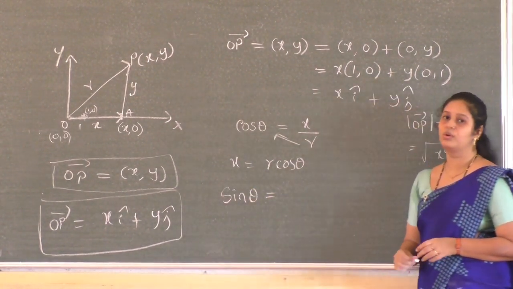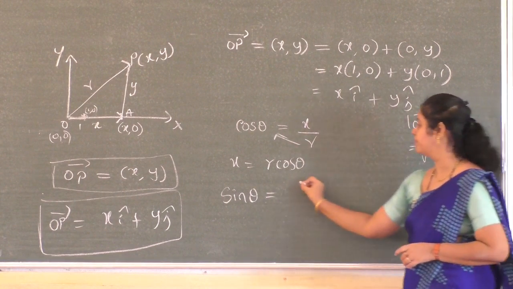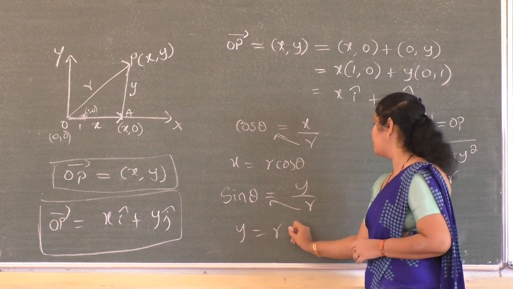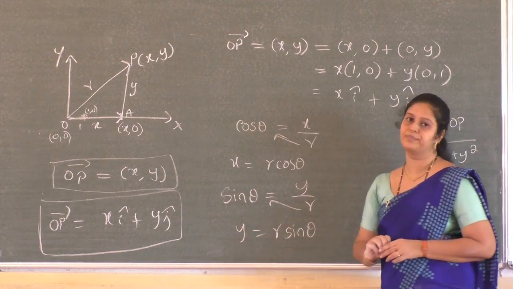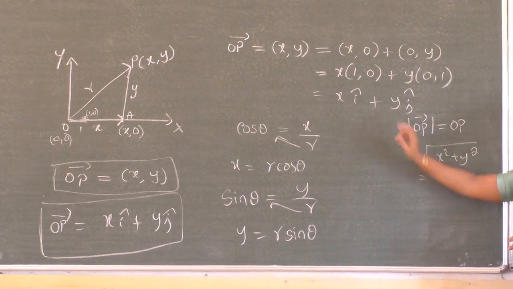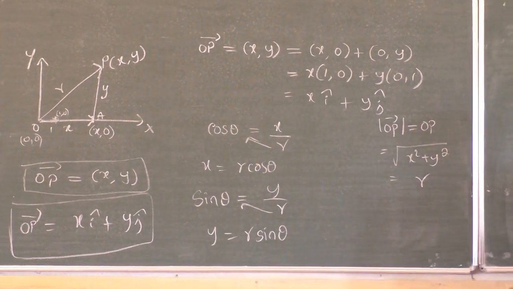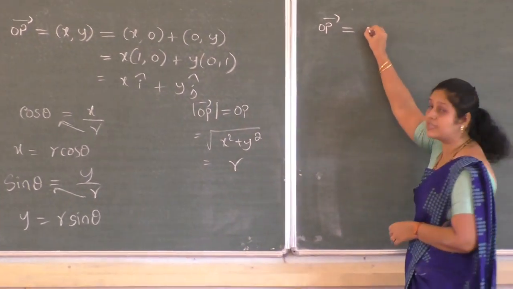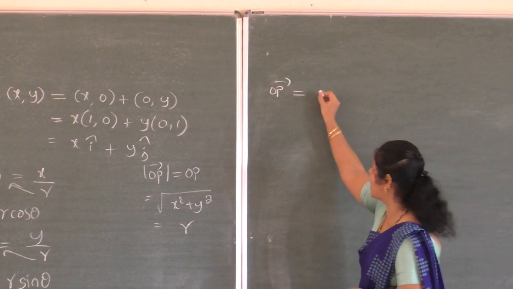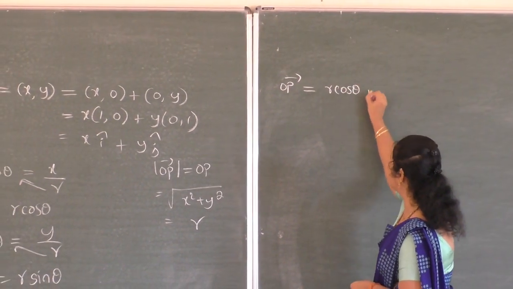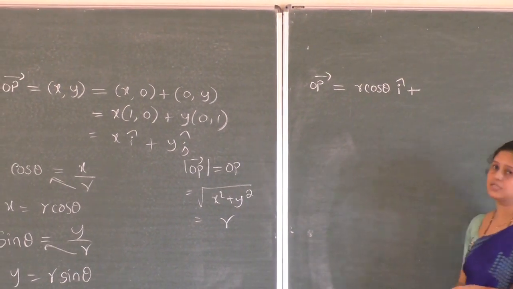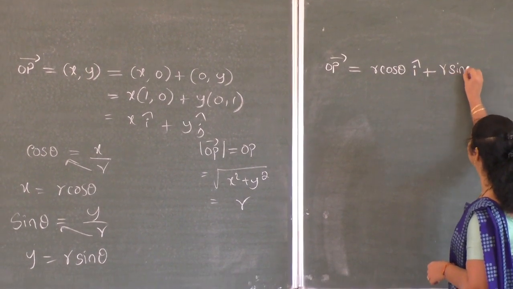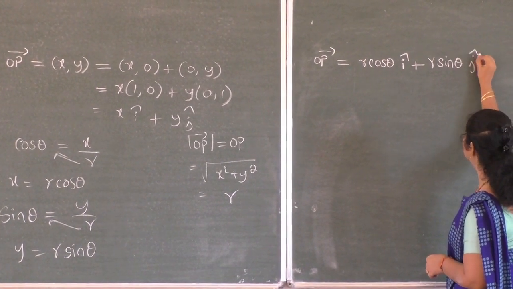Sin theta is equal to opposite by hypotenuse, y by r, so y is equal to r sin theta. Therefore, 2D vector OP is equal to x into i cap, where x is r cos theta, plus y into j cap, where y is r sin theta.